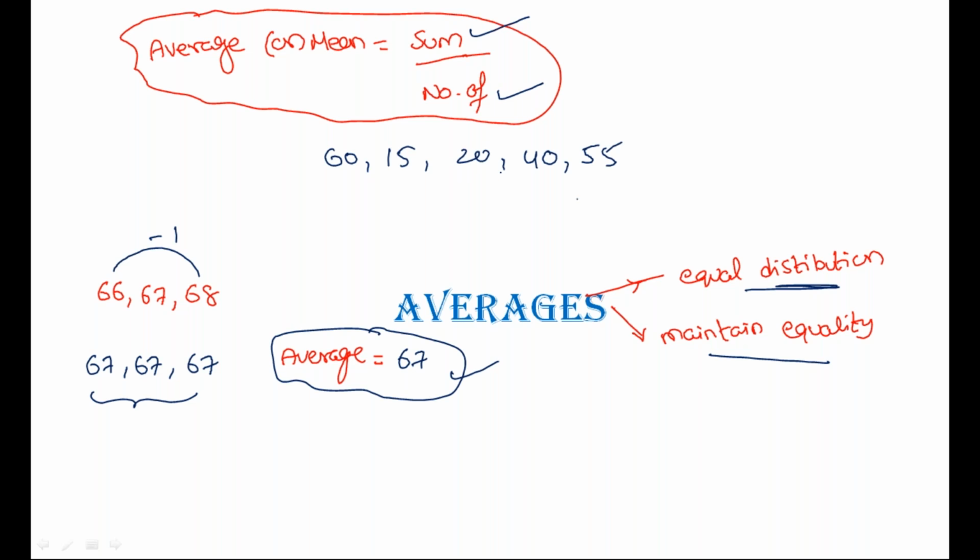Adjusting these equally is not easy. What is better is sum by number of items, which serves the same purpose. 15 plus 55 is 70, already having 120, so we get 190 divided by 5. If you perform this, we get 38. The average is 38 for this.